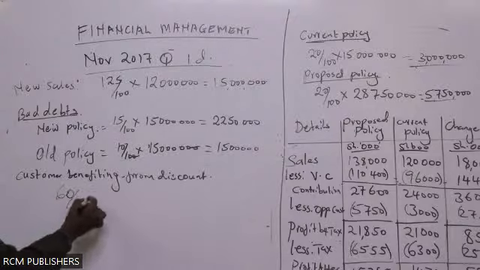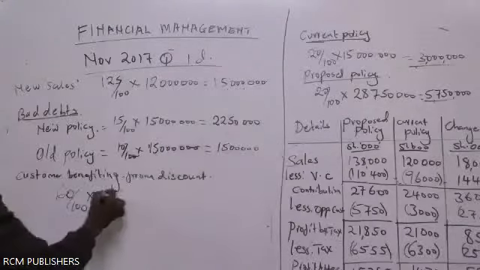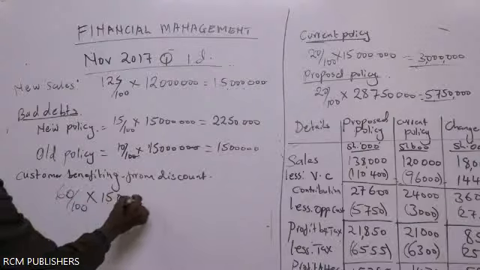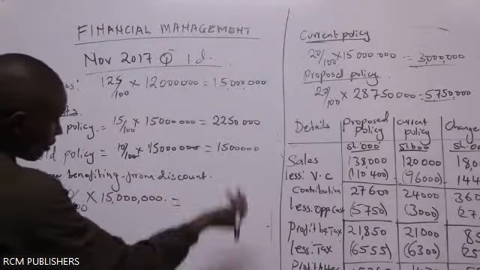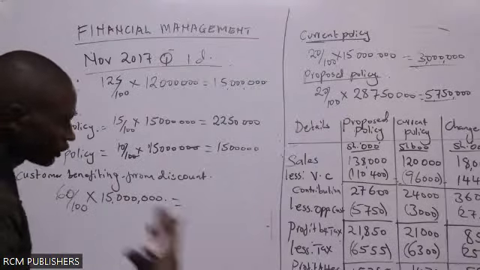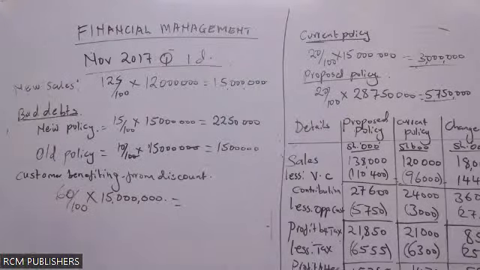It's like 60% of our sales benefit, so that will be like an expense. Discount is like an expense. We have given it, but still it makes them pay.